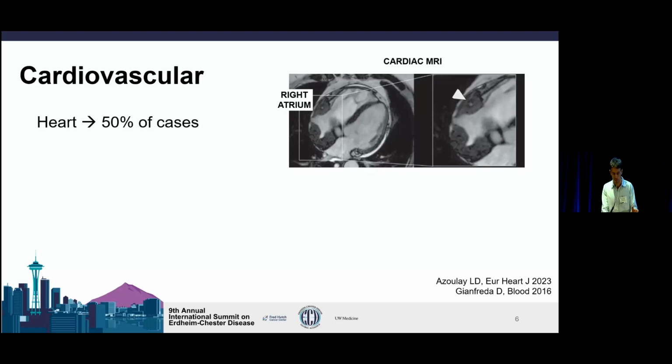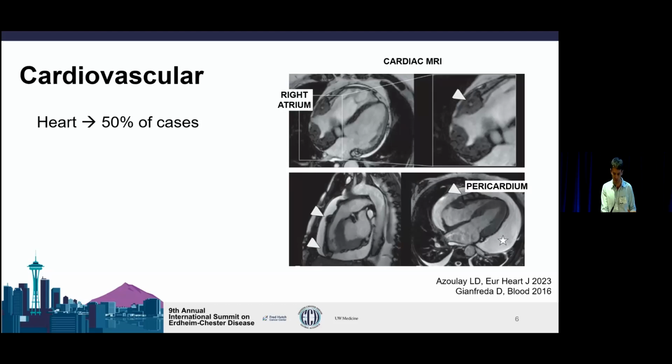The most important is right atrium involvement, which can also involve the right coronary artery, which is very dangerous because it involves the distribution of the blood to the muscle of the heart, but also the pericardium, which is the sheets that surround the heart.